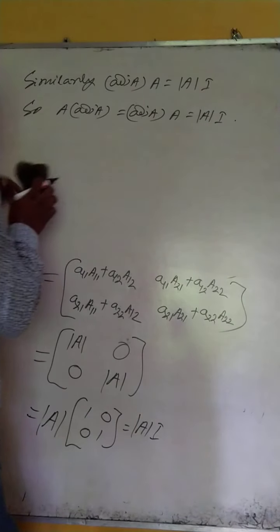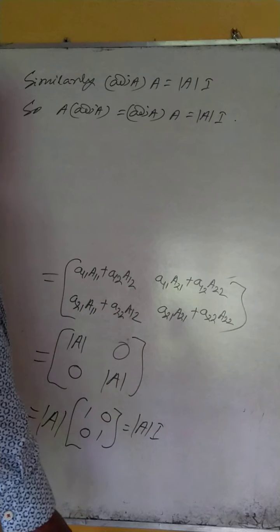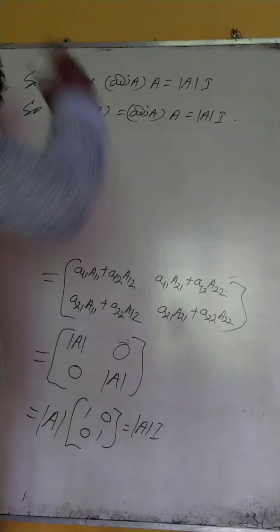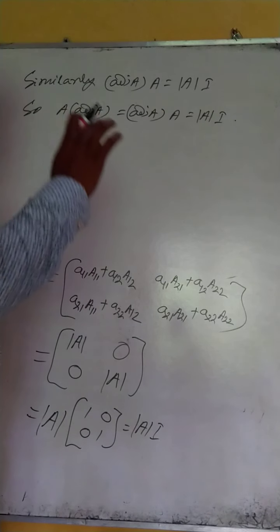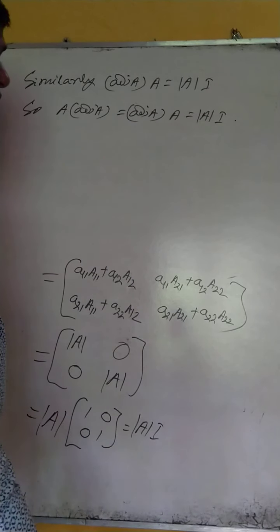Okay, now we take: if capital A is a singular matrix, then the product of a singular matrix and its adjoint is also a 0 matrix.